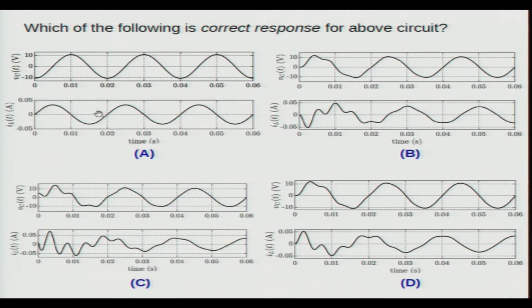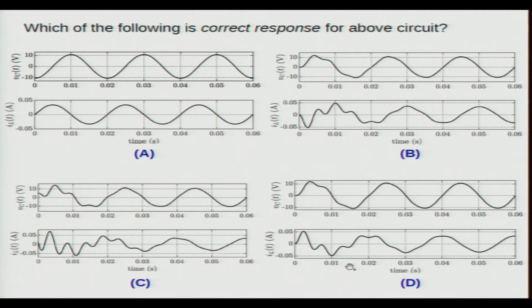So, A and B are in fact wrong directly. If you look at C as well, you will find that the current is not exactly 0, it is slightly above 0, the voltage is above 0 and even the current is not at 0, and this does not satisfy the initial condition. So, this also cannot be the correct response.